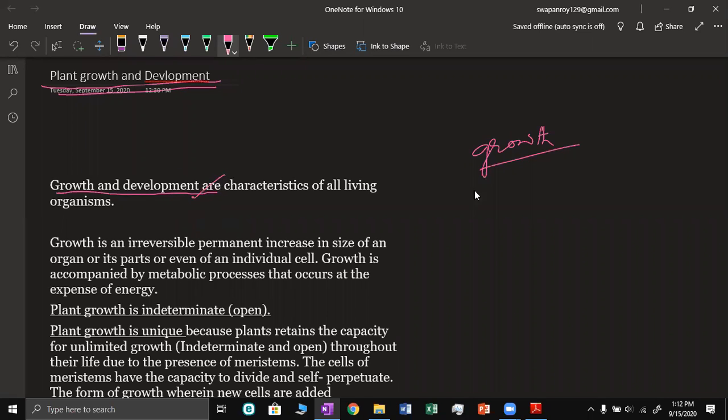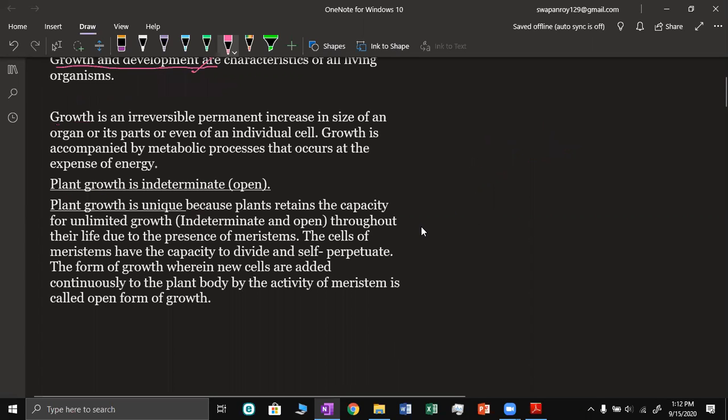Okay, so what actually is growth? Growth is an irreversible and permanent increase. This is a change, and this change is a permanent increase.